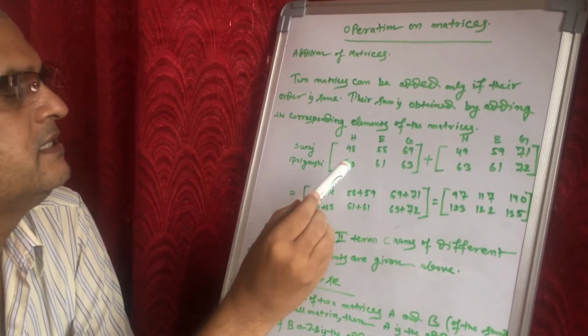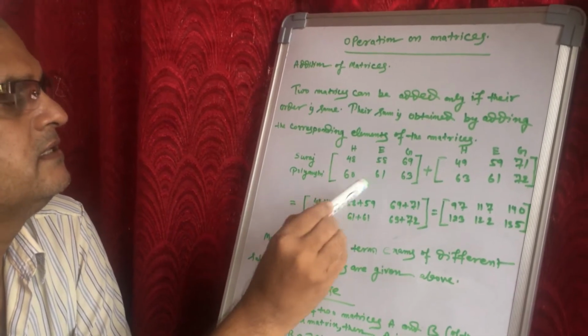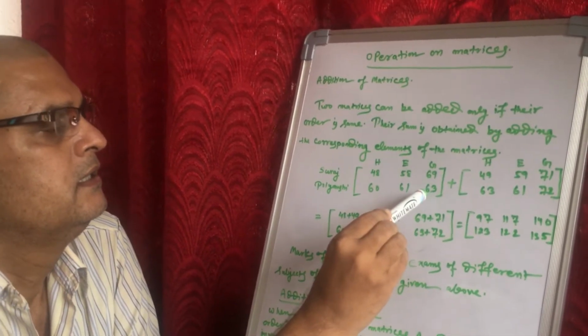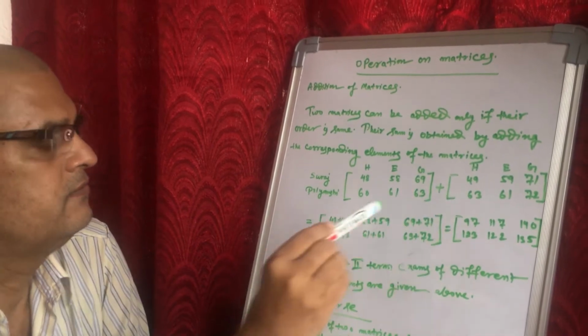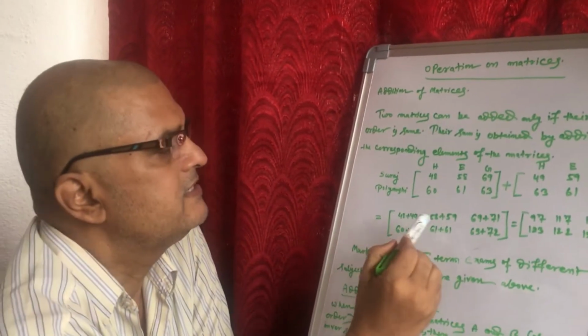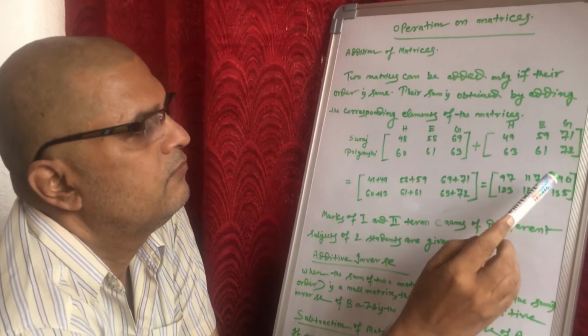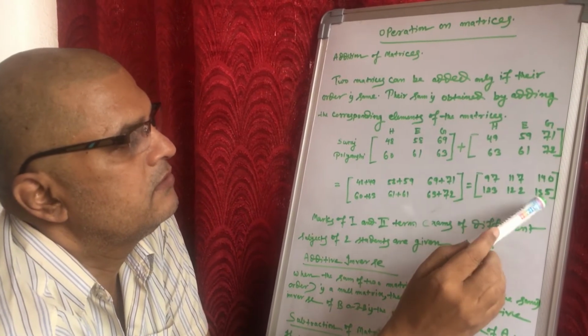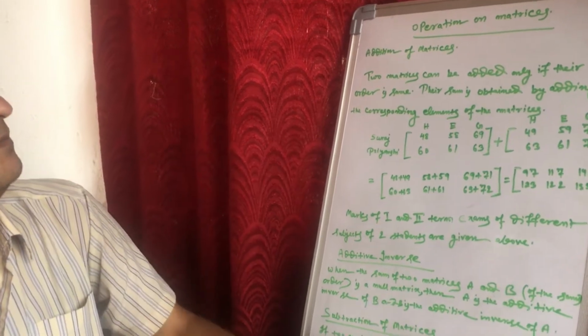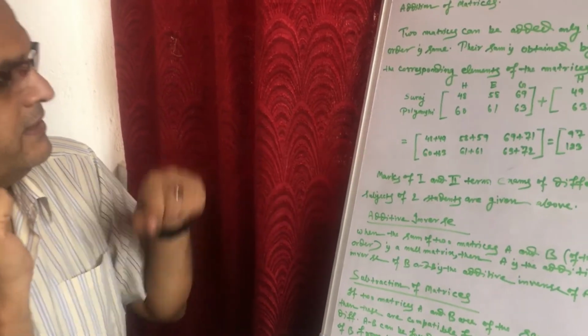Similarly 60, 63, 61, 61, 63 plus 72. So after addition it will be 97, 137, 140, 123, 122, 135. So this is the process of the addition of two matrices.